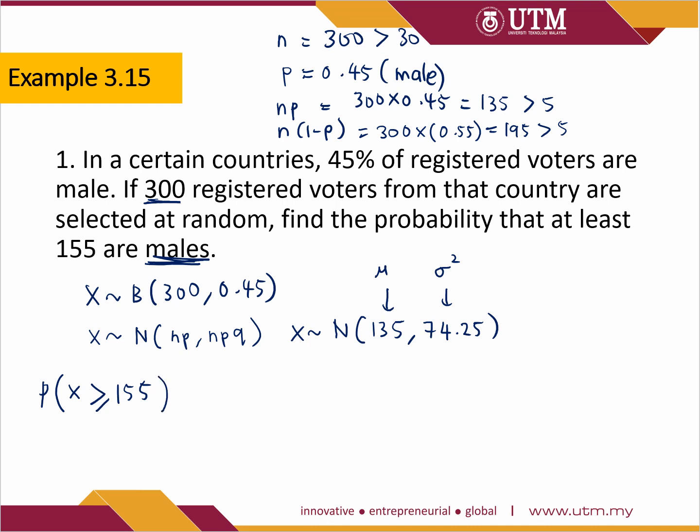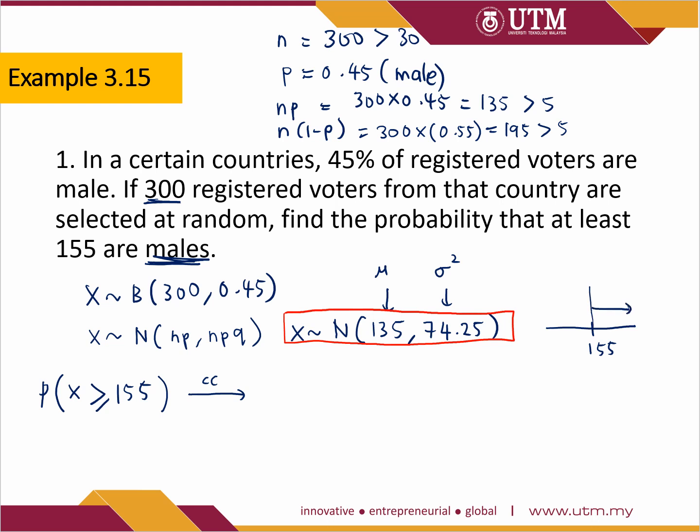Okay, so since we use the normal approximation for this problem, first of all we need to do the continuity correction. So X is greater than or equal to 155, and 155 is included.